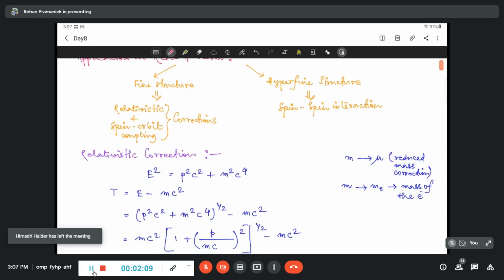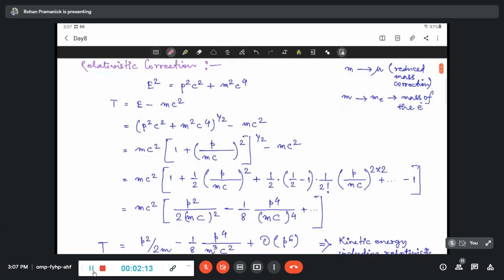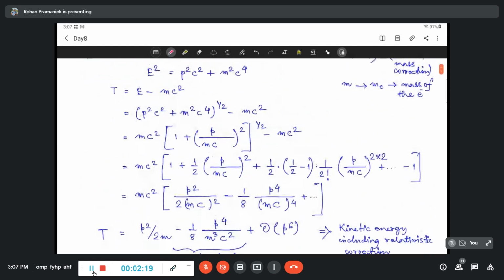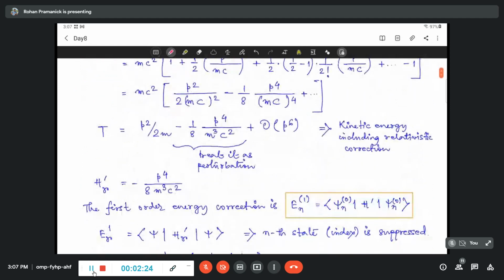In the last class we took the relativistic energy formula for the electron and expanded it in terms of orders of p. The first term was the usual term, and the second term we treat as a perturbation, which varies as p to the power 4.